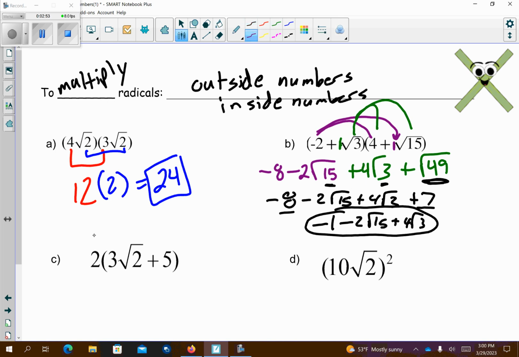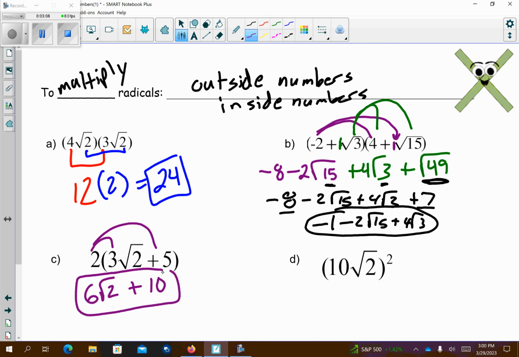Letter C, we're going to distribute over the parentheses. So 2 is an outside number, so it multiplies to only outside numbers. So that's going to be 6 square root 2 plus 2 times 5, which is 10. And that's as far as I can go with my answer. Well, think about this. How many 10 root 2's am I dealing with because of this? Well, yeah, there's 2 of them. So what I'm going to do is show you just a little advanced.